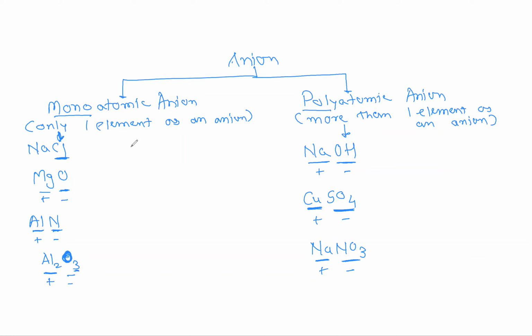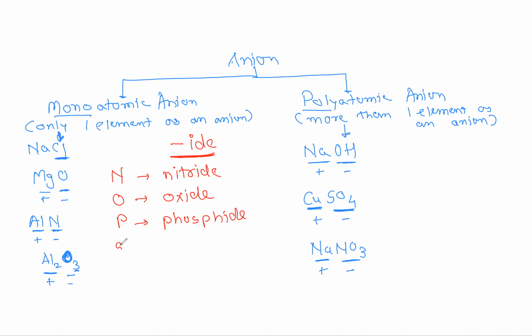If it's monoatomic, how are we going to name it? The way we learned, we are always going to use -ide as the suffix. Let's start with nitrogen. Nitrogen, as we know from last time, nitride. We learned this in molecular compounds as well. If it's oxygen, it will be oxide. If it's phosphorus, phosphide.